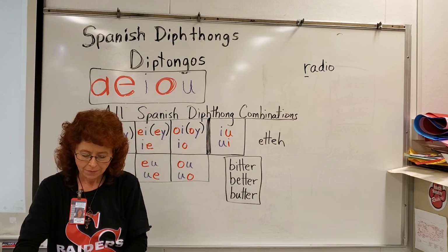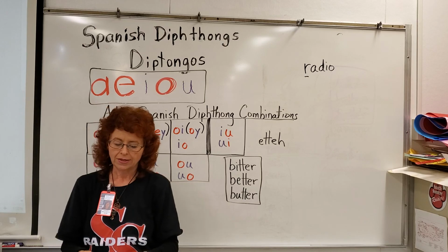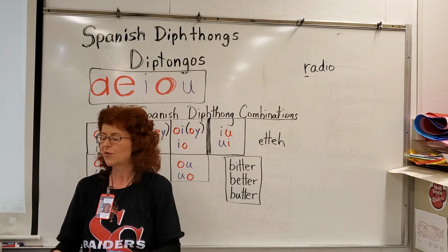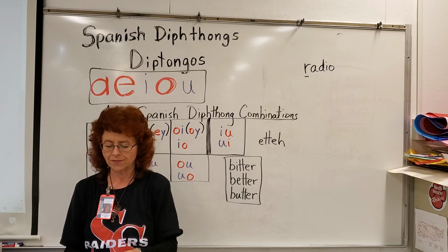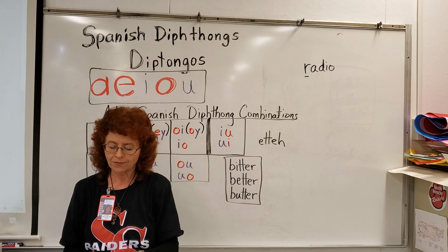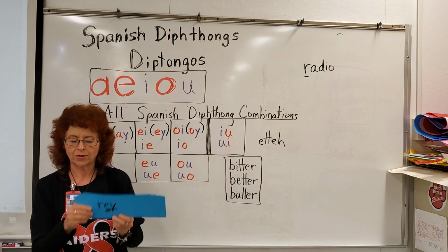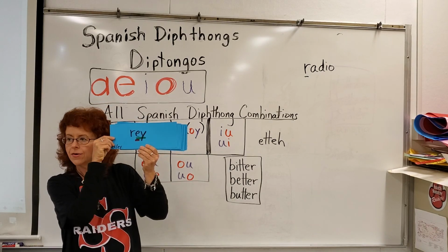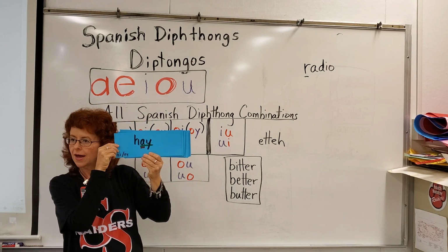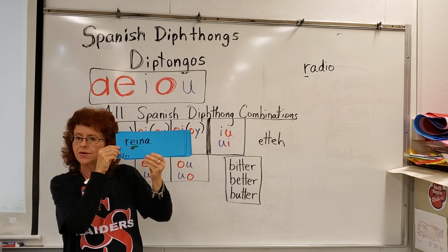All right, so my second time through is simply going to be the same thing but no commentary. I'm not going to say something about every one of them. We're going to go through them a lot faster on round 2. Just say the word in Spanish and I'll say the word after you, okay? Rey. Hay. Reina.